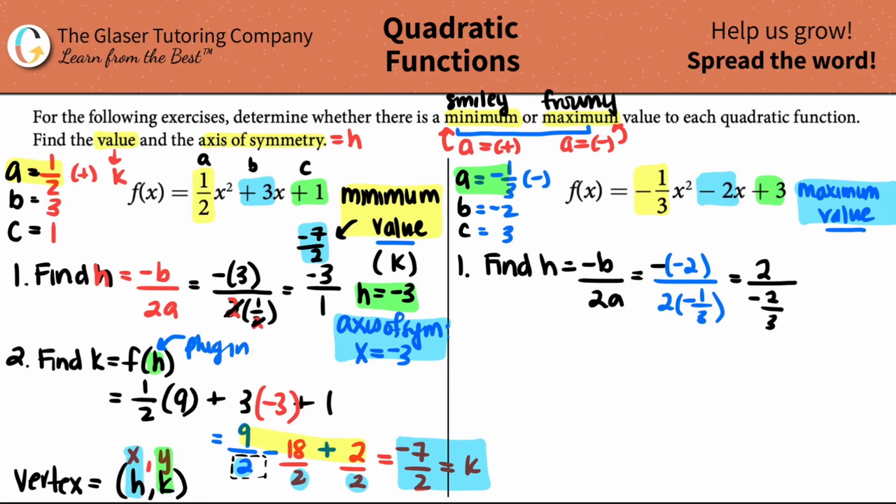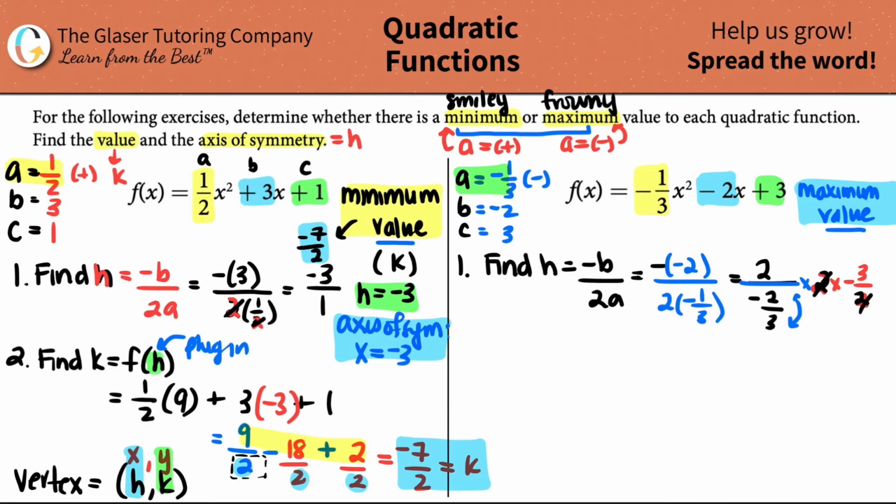And then I have this debacle where I'm dividing by a fraction. Remember the rule, right? Keep, change, change. So you swap them. So this would be the same thing as saying 2 times negative 3 over 2. And now I have a 2 in the numerator, 2 in the denominator.